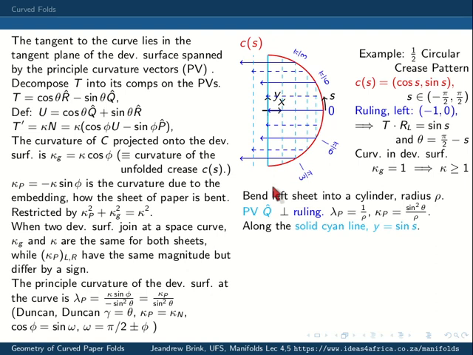The reason I'm doing that is I ultimately want an expression for my crease that I've bent up. The sine s is just because the surface is defined as cosine, sine. So that's the y component of the crease.